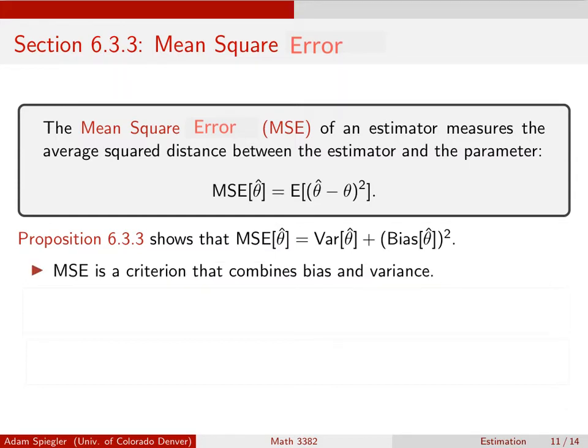So just a couple of things to point out here. Again, this is a criterion that weighs both of the two previous properties that we looked at, bias and variance.